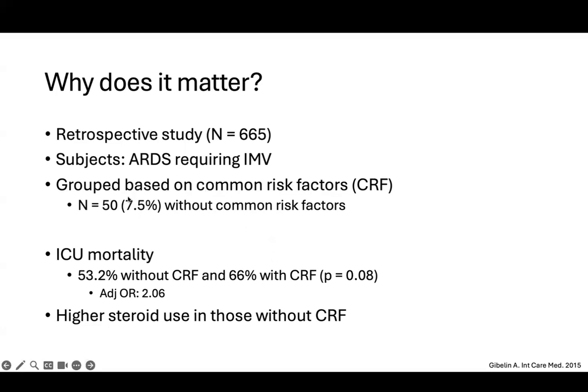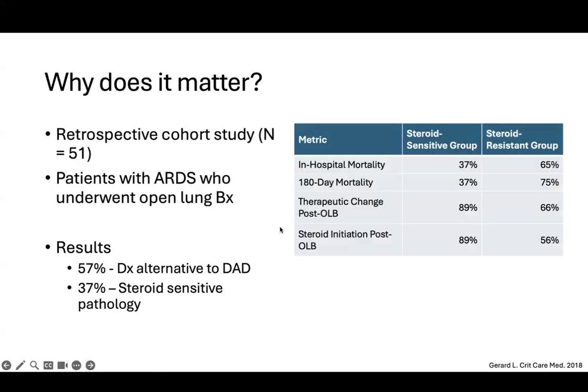If you look at this number, if you have 100 ARDS patients, maybe 8 to 10 of them might have ARDS mimics. It's also important to know that it's not going to be 50 or 60% if you investigate the ARDS properly.